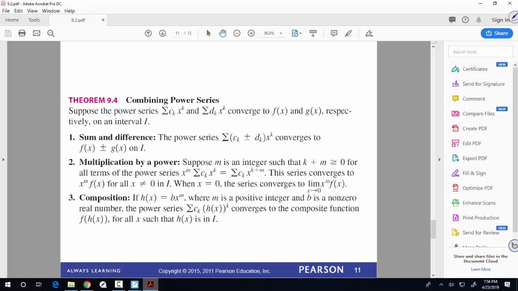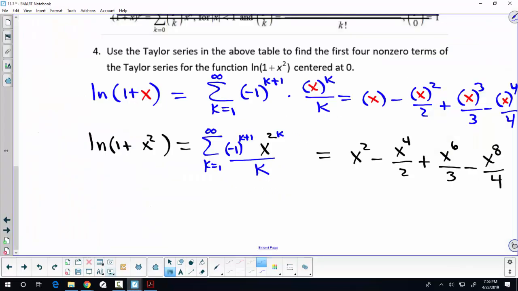So when we plug this composition in here, our h of x is x squared. This converges to the composite function f of x squared, or ln of 1 plus x squared, for all x such that what we plugged in, x squared, is in that interval. So x squared has to be in this interval of convergence.